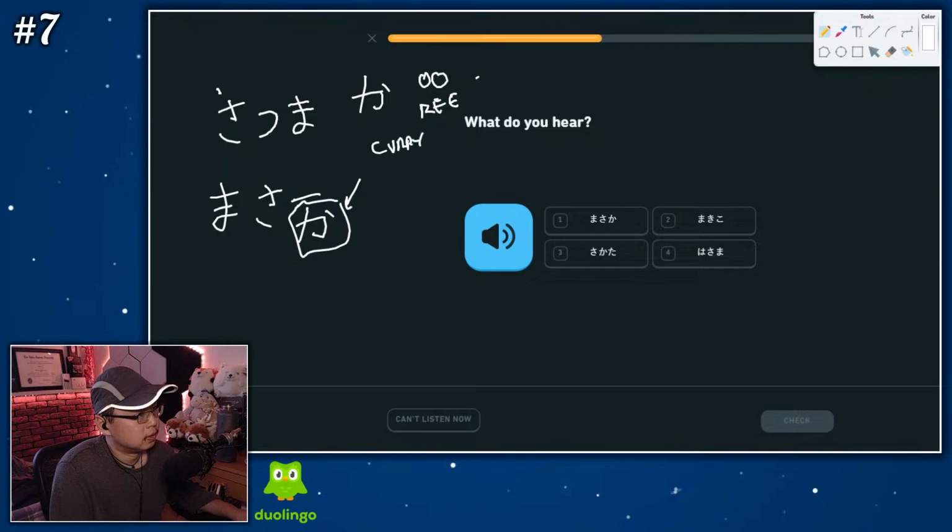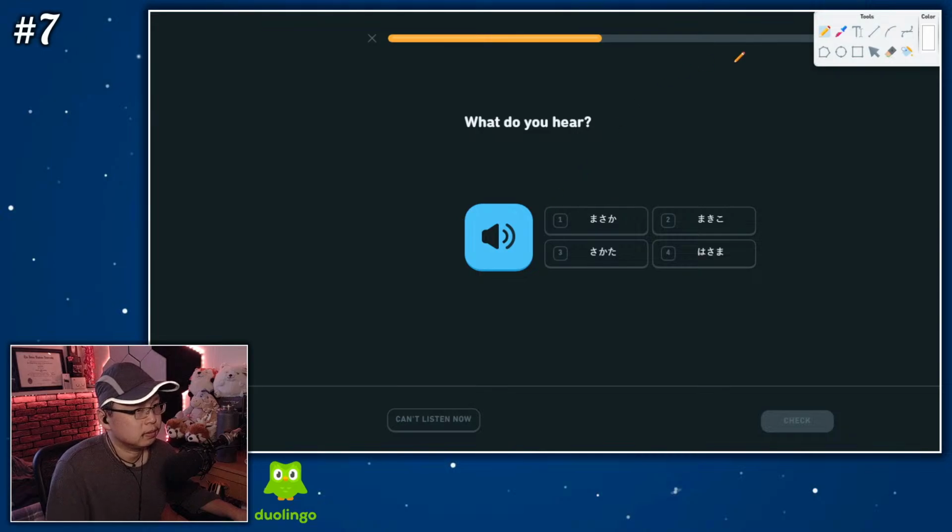I don't think I have this combination yet. I think I could guess because I saw it a couple times yesterday, but not enough times for me to feel not relying on actually learning the kana first. So Masaka.